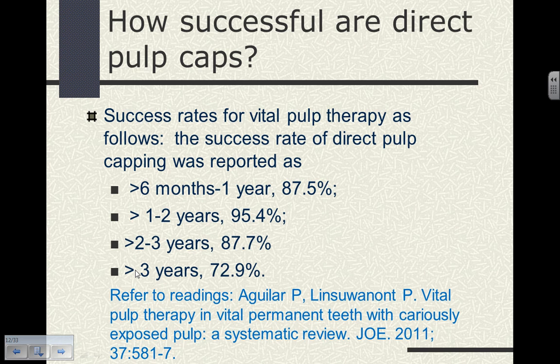So pulp capping can be successful if you follow a very definitive technique for pulp capping.